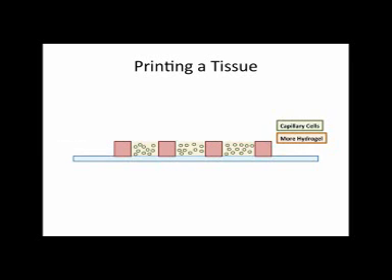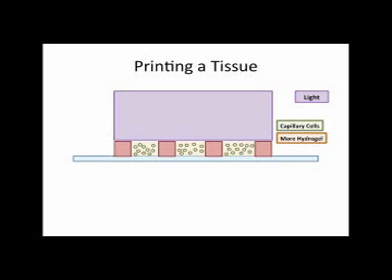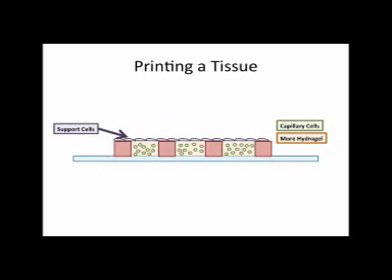So the next stage is just adding in more hydrogel, this time with different properties, as well as the cells that will eventually become capillaries. And then again cross-linking, or again exposing it to light, and then adding in some supportive cell types.